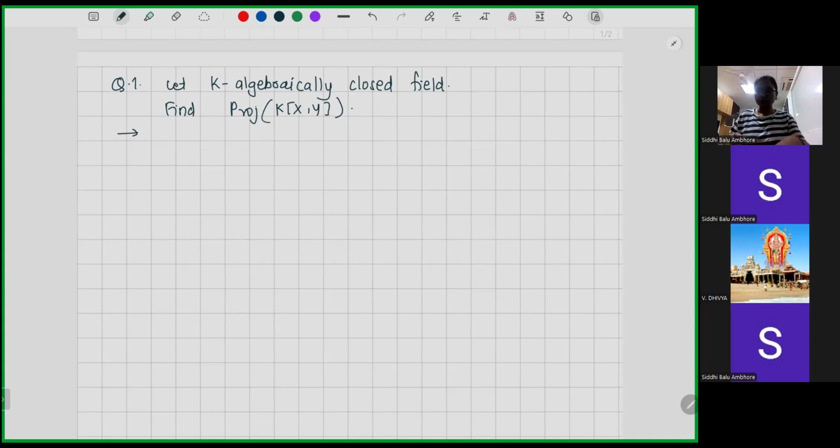So we have to find the projective space, or Proj, of this polynomial ring K[x, y] over the algebraically closed field K. Let us first go through the definition of Proj.